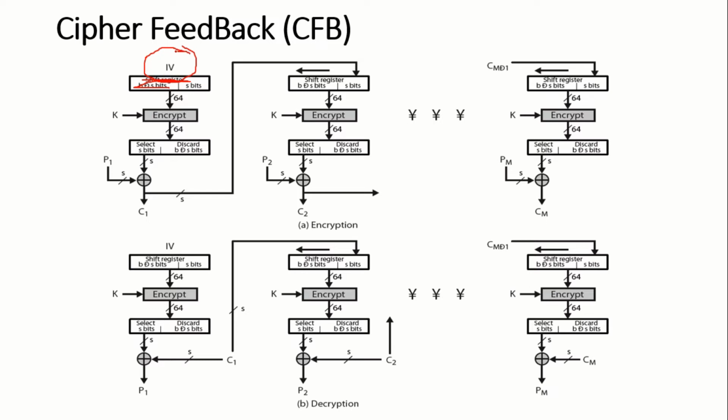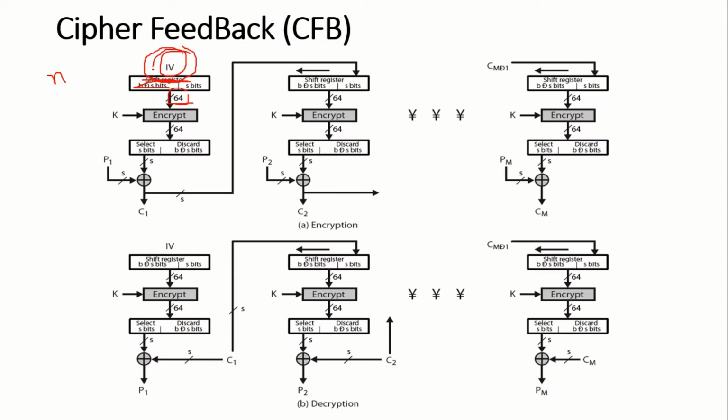So this is the initialization vector. Here it is represented as 64-bit. Since we are discussing the generalized version of these modes of operation, we can consider it n bit. This initialization vector is of n bit.